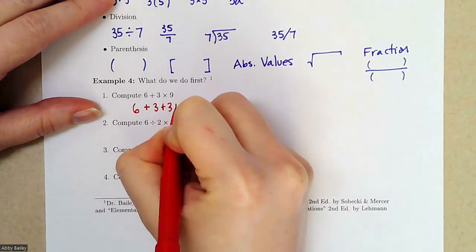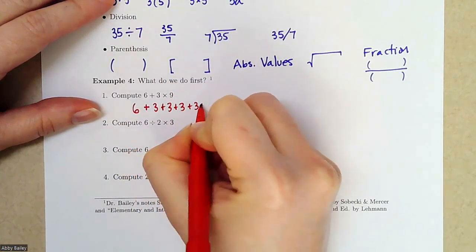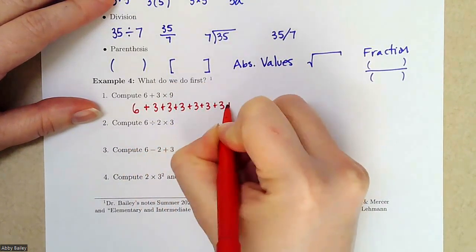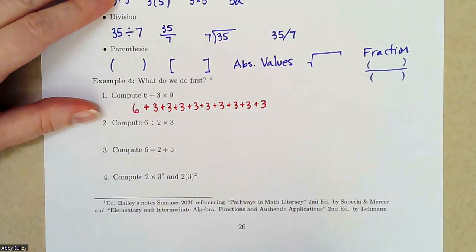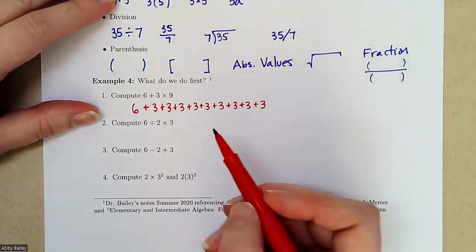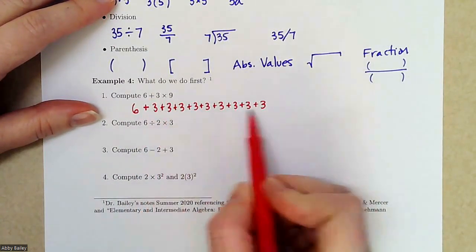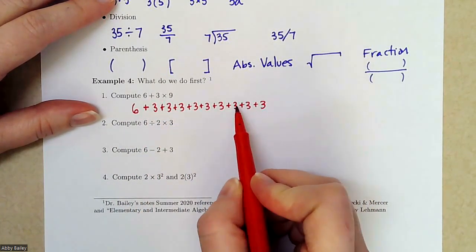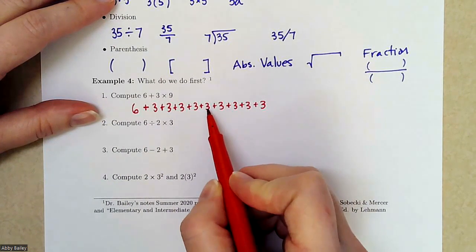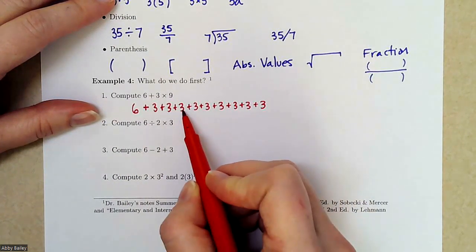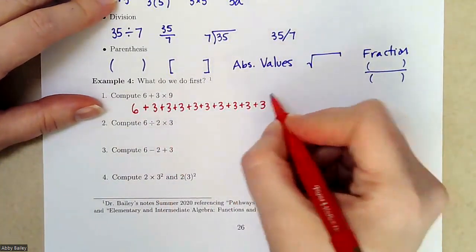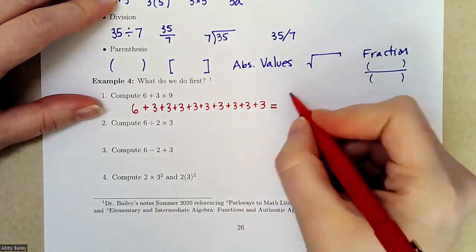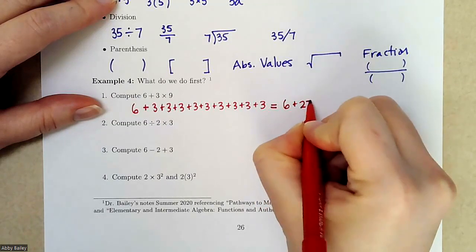1, 2, 3, 4, 5, 6, 7, 8, 9. Okay. Well, 3 added 9 times: 3, 6, 9, 12, 15, 18, 21, 24, 27. So this is really 6 plus 27.